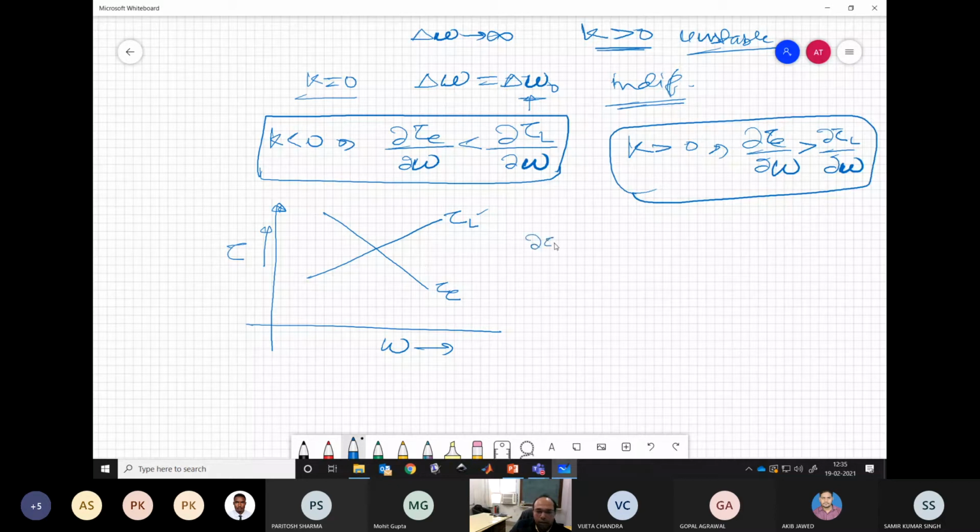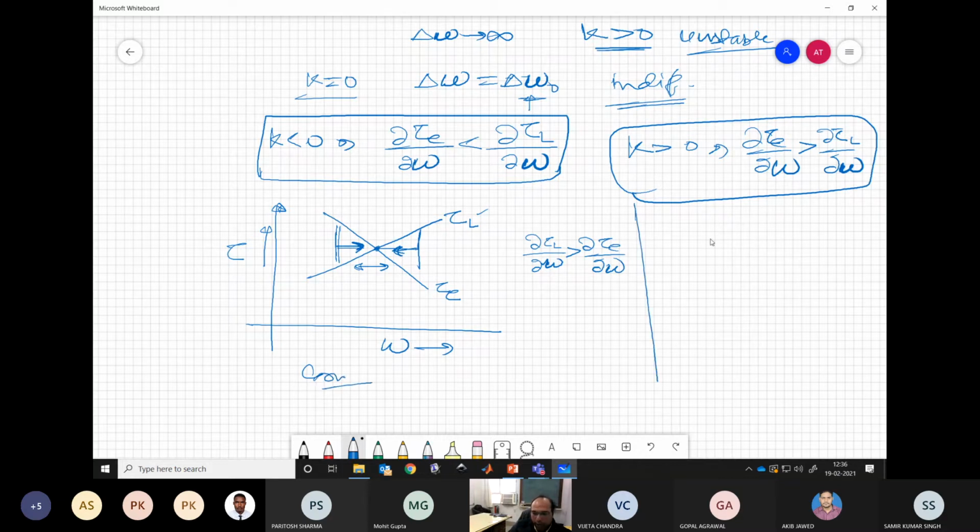So here your del tau L by dou omega is greater than the electromagnetic slope. If any perturbation is given to this system, wherever it goes, it will retrieve back to the original value, which means delta omega will become 0 with time. So this is a converging system.